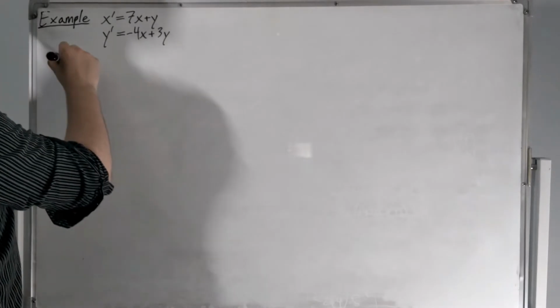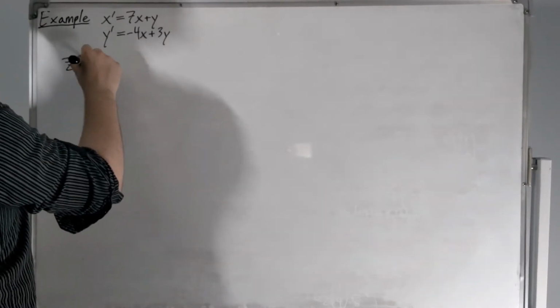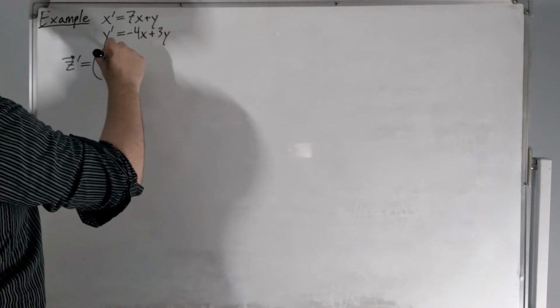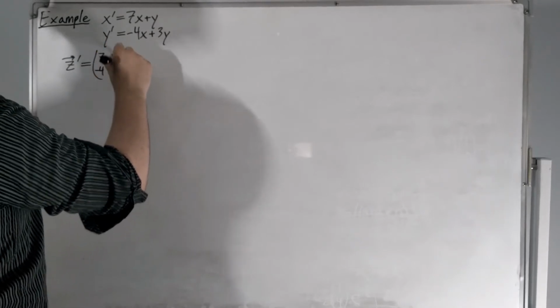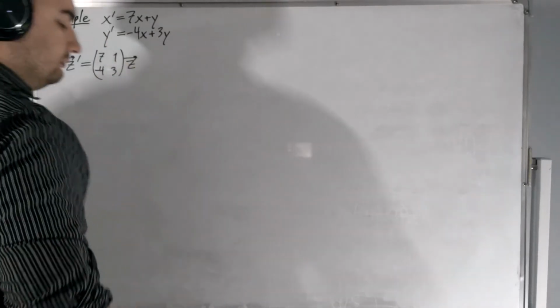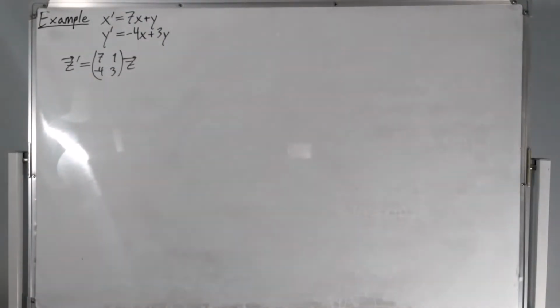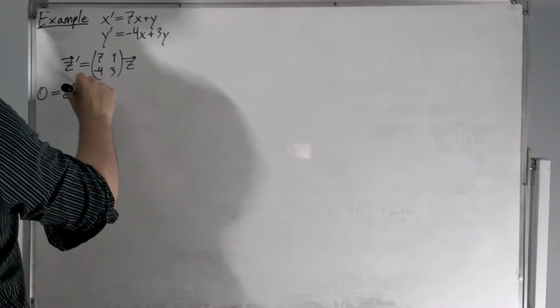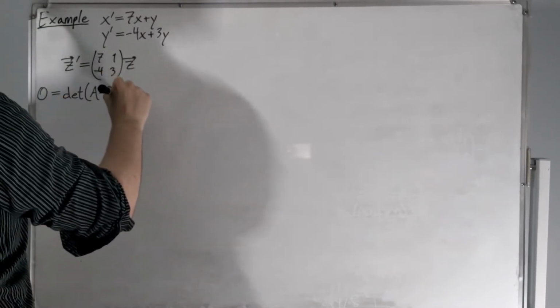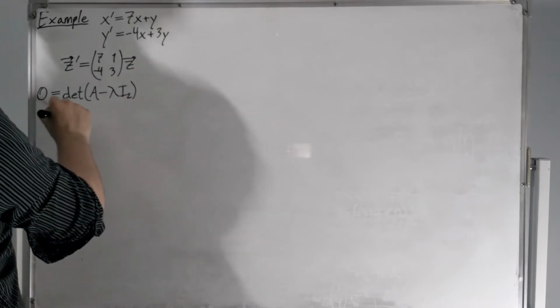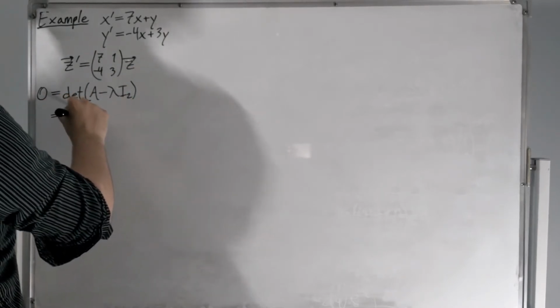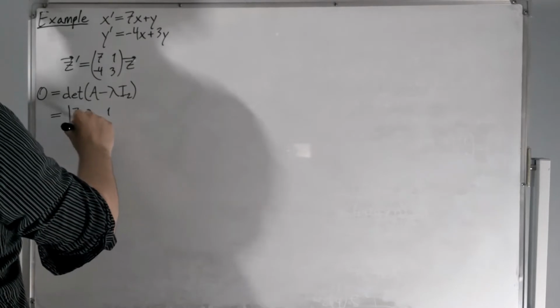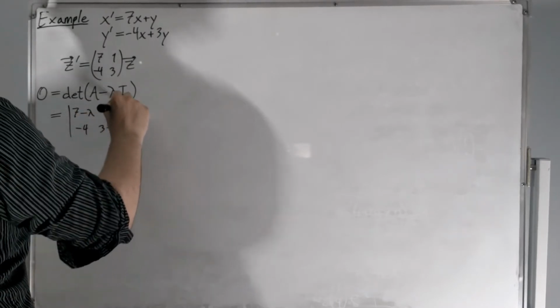So once again, convert this to a matrix equation. We get z vector prime equals 7, 1, negative 4, 3 multiplied by z vector. We need the eigenvalues. So you take 0 equals the determinant of the matrix minus lambda I2, which in this case is going to be the determinant of 7 minus lambda, 1, negative 4, 3 minus lambda.